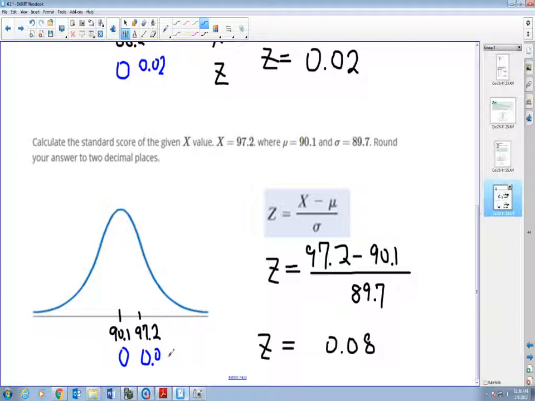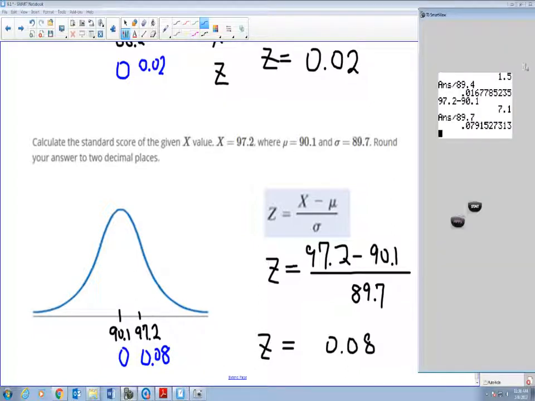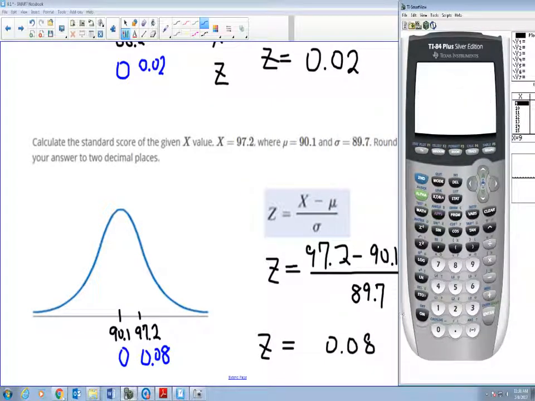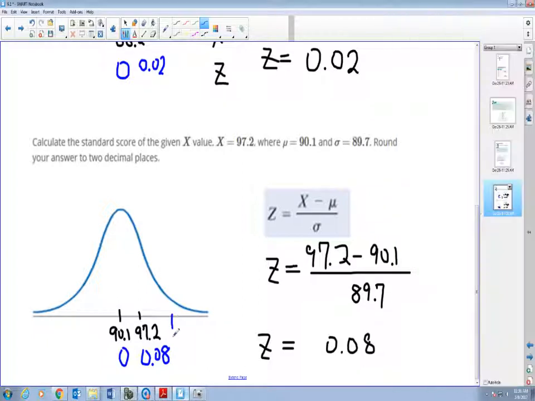Okay, my graph is not very good, and I do apologize, because if you think about it though, if I go with the empirical rule that we did before, 90.1 is the mean. One standard deviation to the right will add 89.7. So that means 179.8 is way out here, will only be one standard deviation to the right.